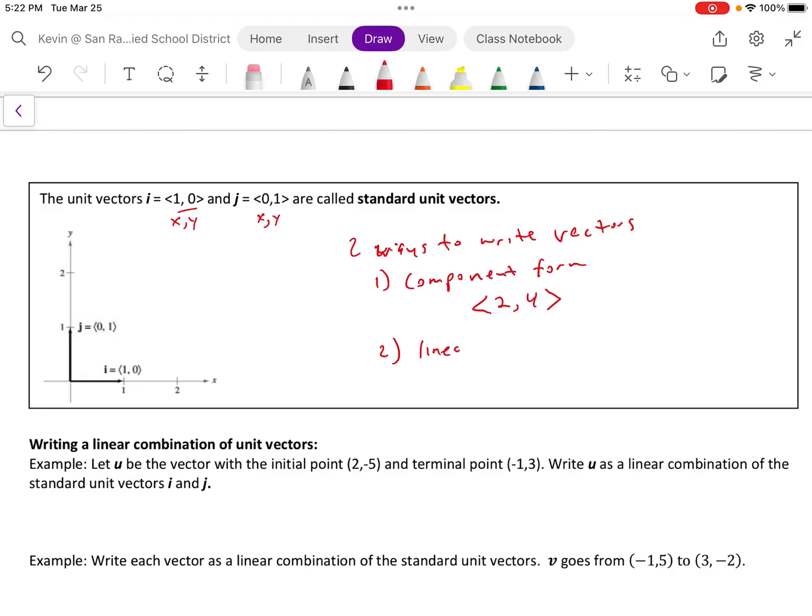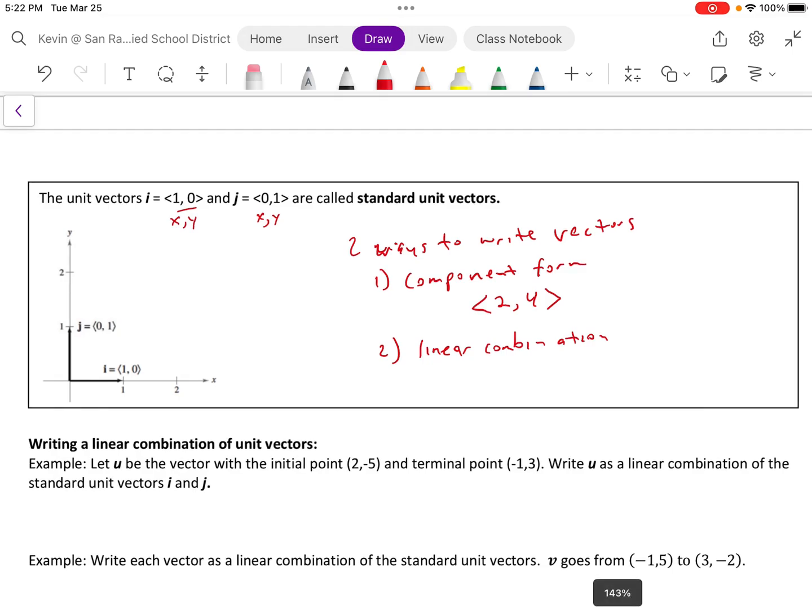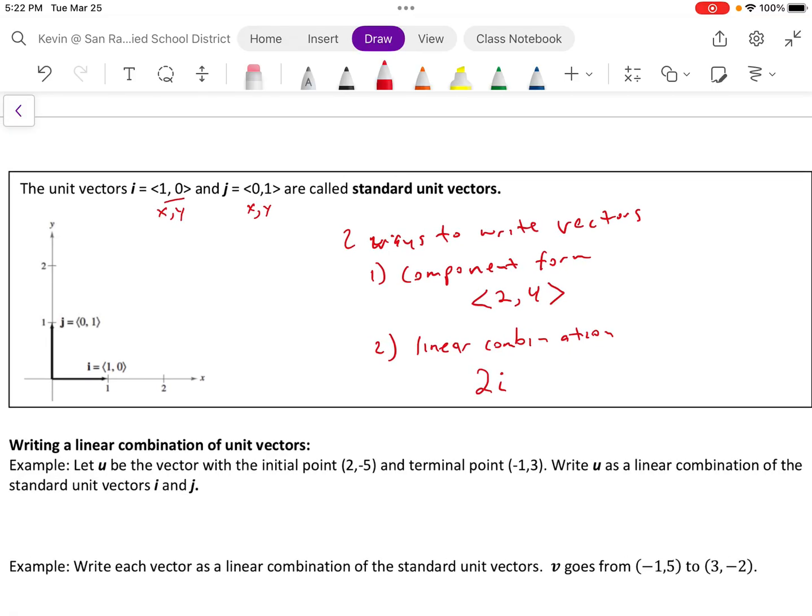And the second way is what's called a linear combination. In a linear combination, that's where we have the i and the j. So 2i, and then plus 4j. Oops, j, not i again. It's hard to make j's.